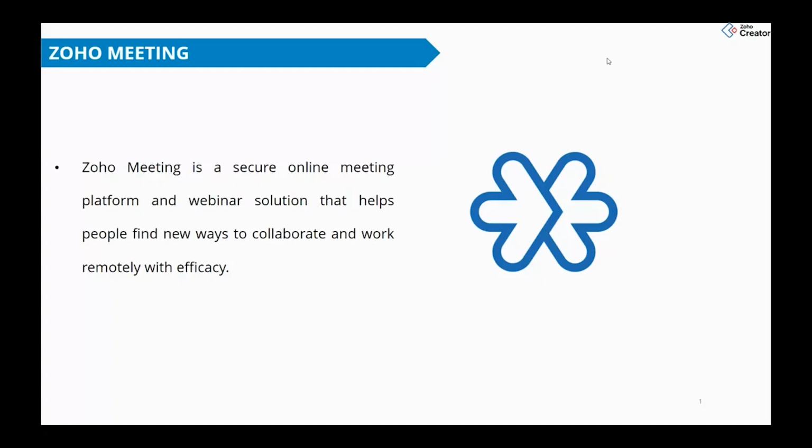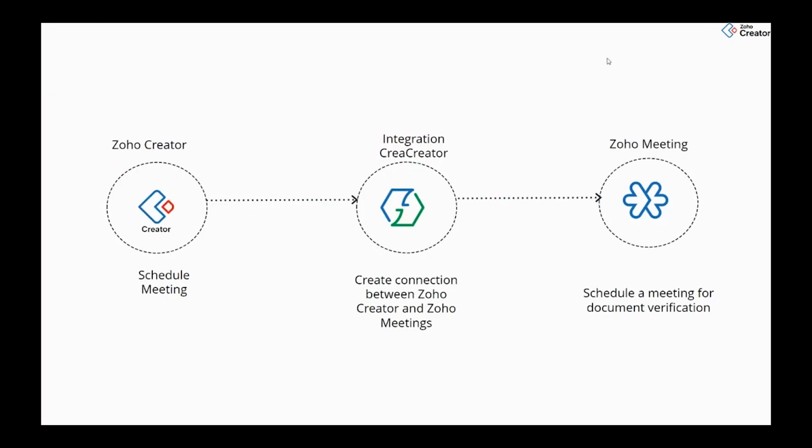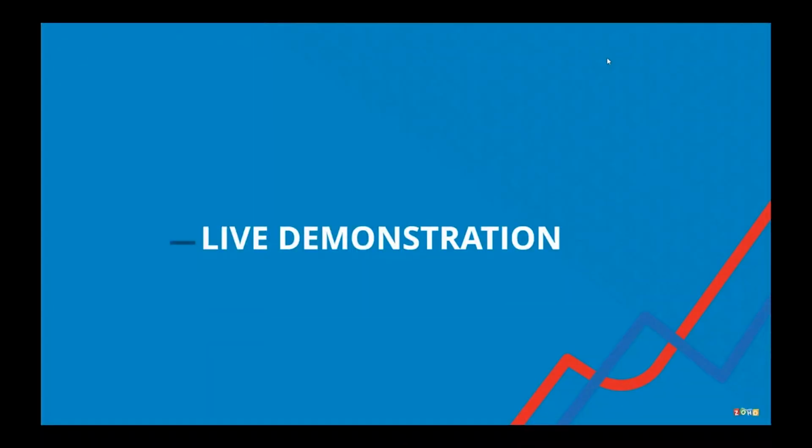Zoho Meeting is a secure online meeting platform that helps us collaborate remotely, and it has more efficiency as well. As I said before, I'm integrating my Zoho Creator with Zoho Meeting with the help of Integration Creator. Here I'm using Integration Creator as a mediator to connect both of my applications without any coding. So this is one integration I have used in my application.